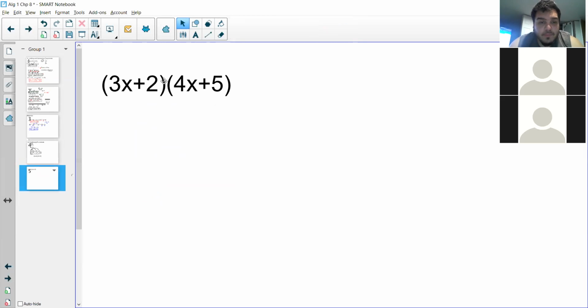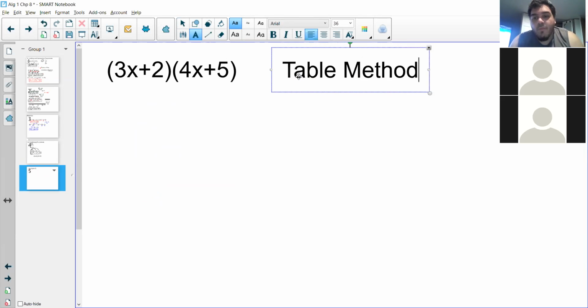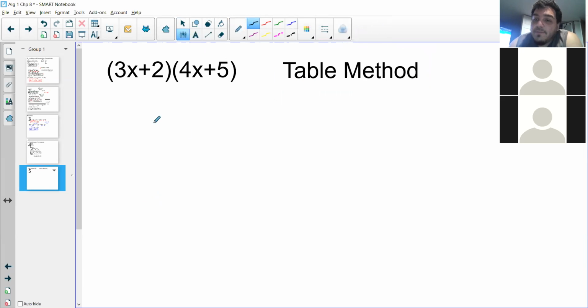Let's repaste it here. The first method, we'll call it a table method. Now, a lot of you guys must have done Punnett squares in biology. If you remember a little bit about the dominant and recessive gene, it's kind of similar to that.